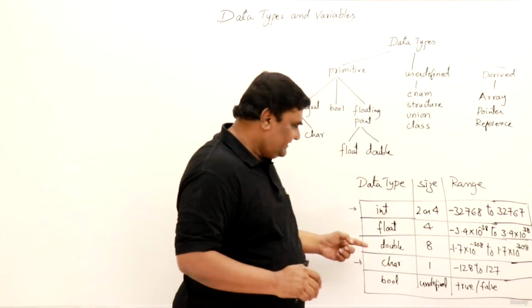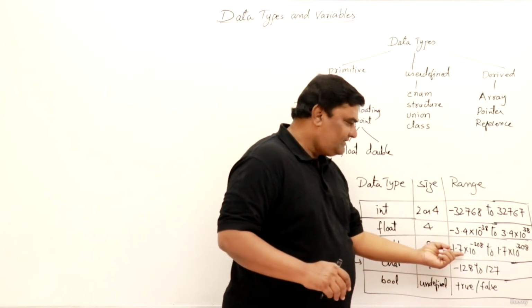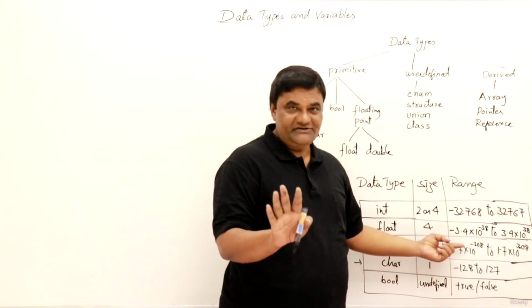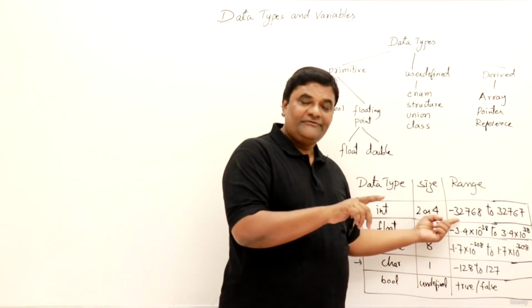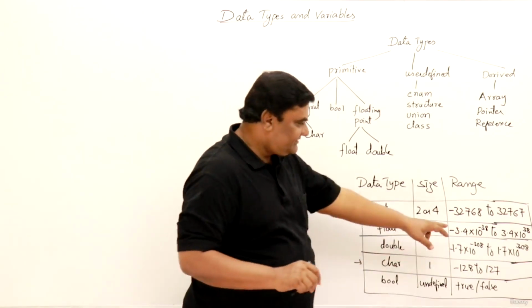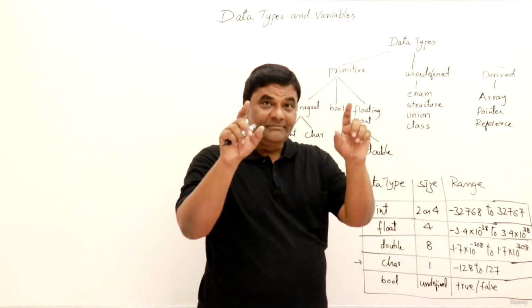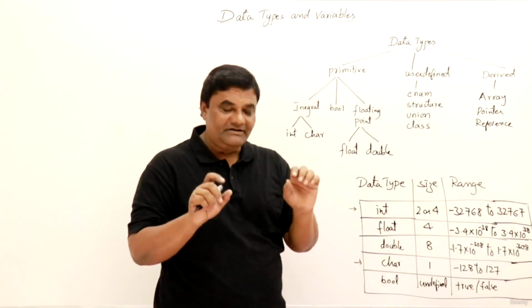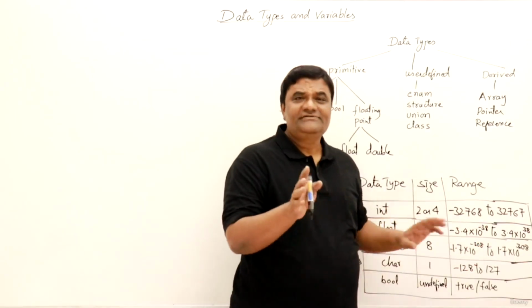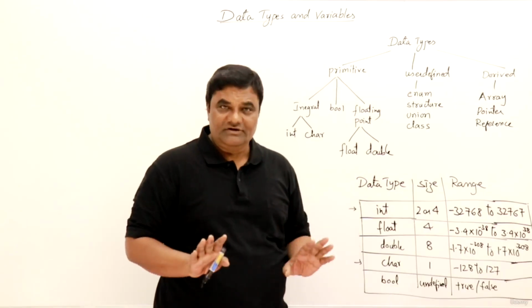How to remember them: see, double is 1.7. If you can remember this, it is sufficient. For float, 1.7 becomes 3.4, and the exponent is 38, while for double it is 308. This way you can remember it, if you at all want to.